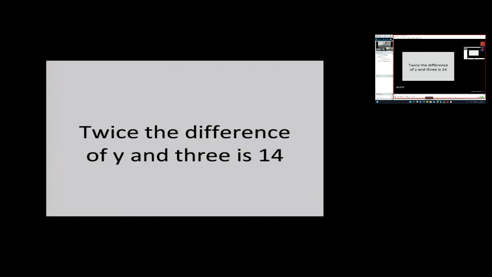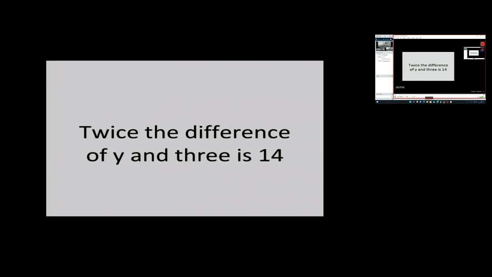How about this one? This one is kind of hard. Twice the difference of y and 3 is 14. Twice. Difference.